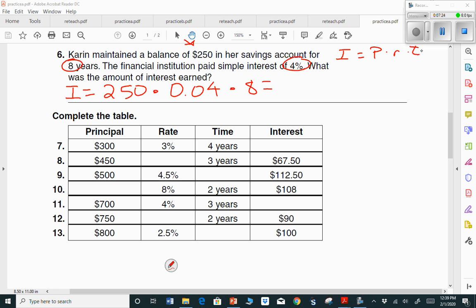Again, all you have to do is put that in your calculator, and you will have your answer. Okay, and when you multiply those 3 numbers together, you would get $80, which represents I. $80 in interest. And this time the question just asks, what was the amount of interest? So we've already got our answer.